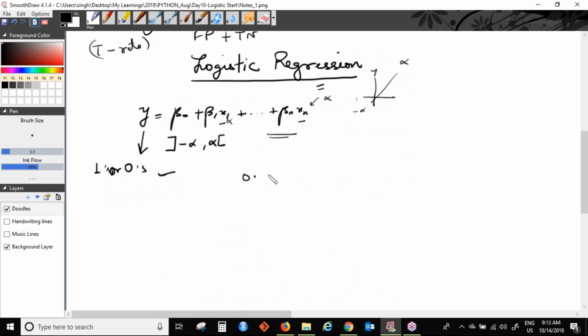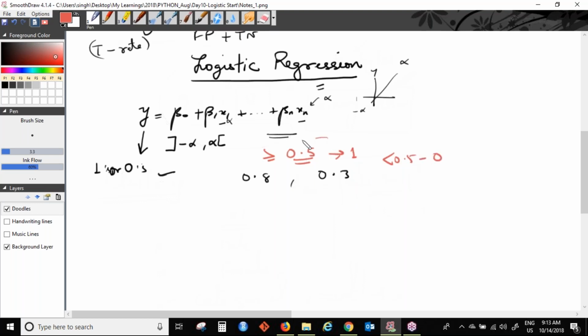Let's say our value is 0.8 or our value is 0.3. Then let's say we have 0.5 as the threshold. We can say whatever is above 0.5 is a 1 and whatever is below 0.5 is a 0.